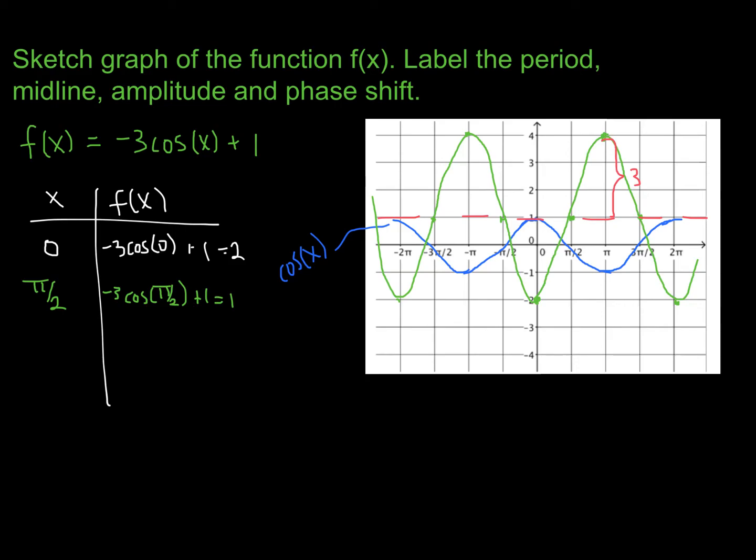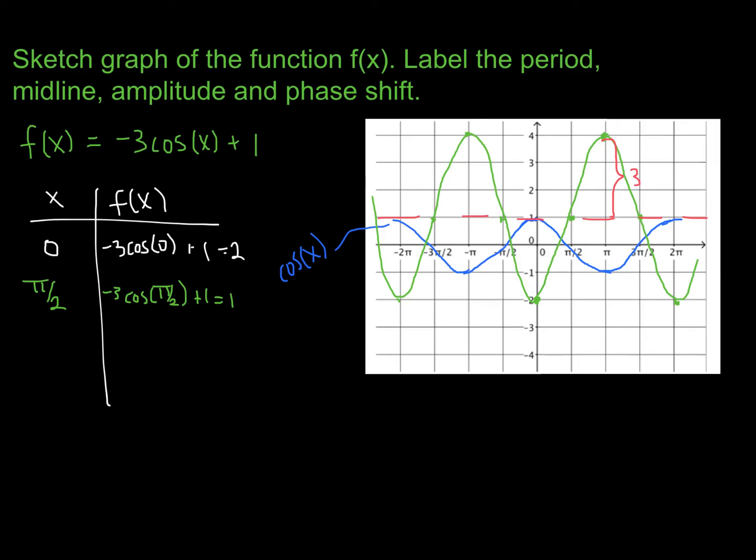And I also see that it should be reflected over the midline, and of course it is. Notice that the maximum of cosine usually occurs at the initial value of 0, but since I've reflected it, it's now a minimum.